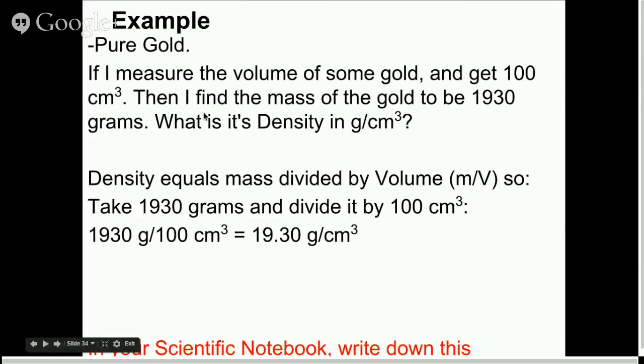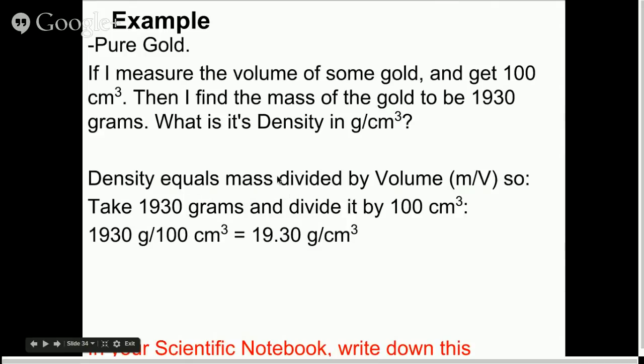All right, this is an example I do want you to write down. Okay, pure gold. If I were to measure the volume of some gold and get exactly 100 cubic centimeters, and I found the mass to be 1,930 grams. What is its density in grams per cubic centimeter?